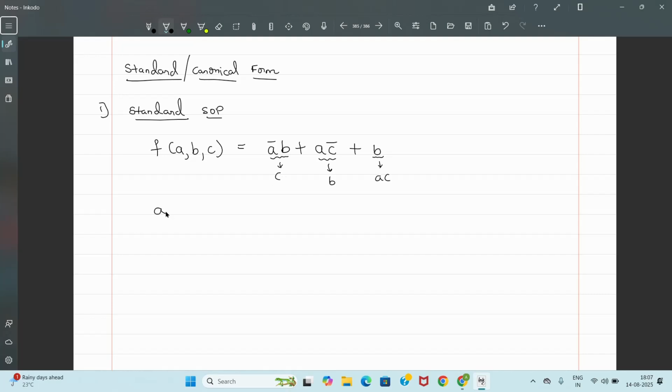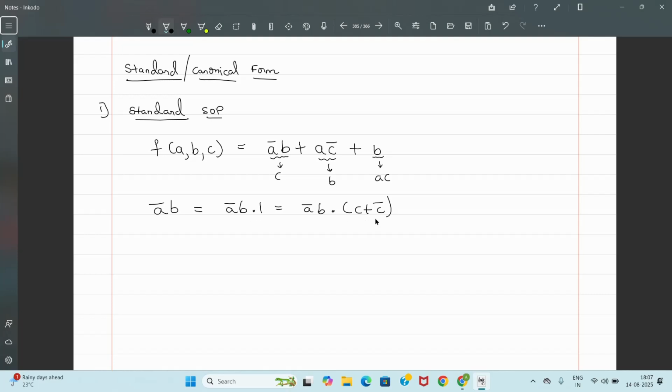So let's take the first one, a bar b. What is missing here is c. So a bar b can be written as a bar b into 1, correct? And the operation between a bar b and 1 gives you a bar b as it is. So I can just multiply it with 1, binary multiplication. Now, in place of 1, I can write c plus c bar, because a variable binary added with its complement is always going to be 1.